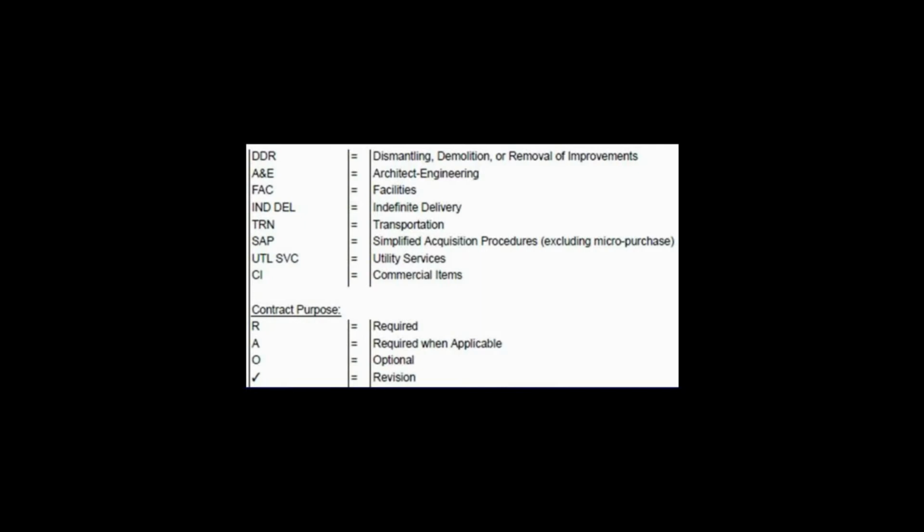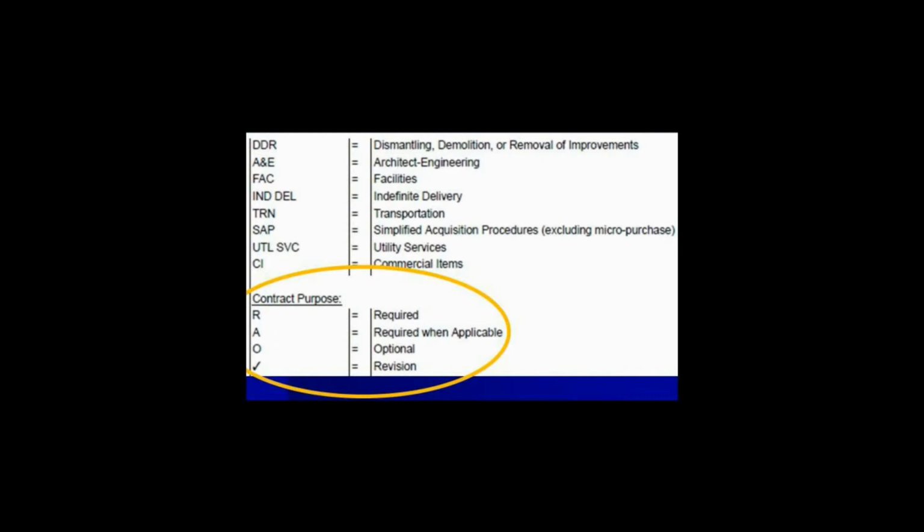And then as you come on down, you get into a column that says the contract purpose. The contract purpose has symbols in it that show you whether it's required, when applicable, optional, and so forth. But the main one is required, because those contract clauses that are required have got to be in the contract.